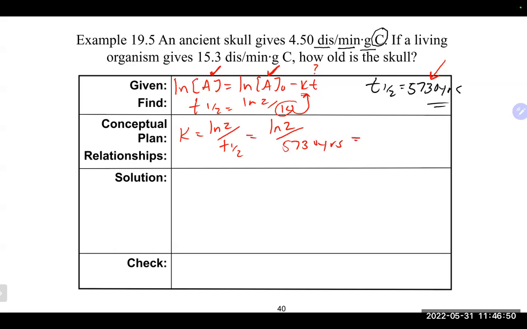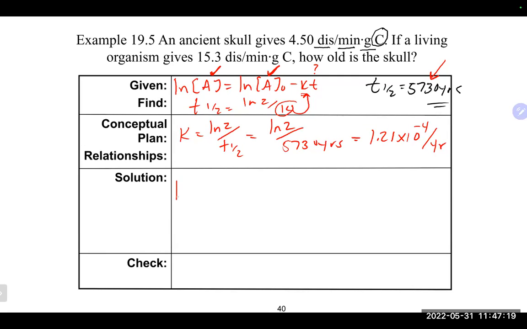And that gets me, we'll call it 1.21 times 10 to the minus 4 reciprocal years. So once again, this is first order. So rate constant, decay constant should have units of 1 over time, basically, which is what we see here, like 1 over seconds, 1 over years. We now have really everything that we need to solve for this.